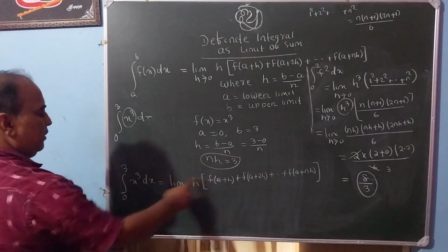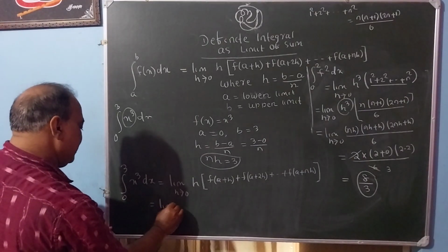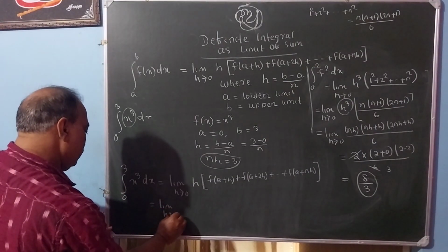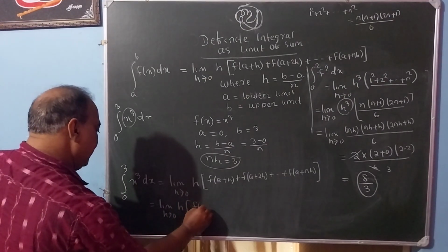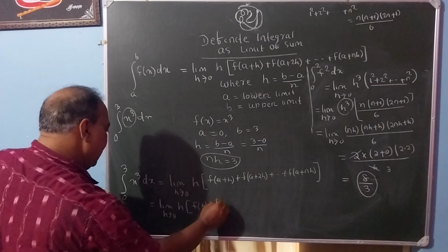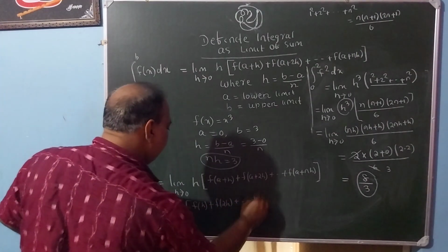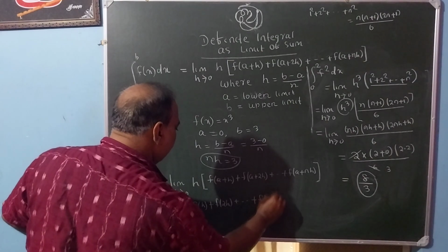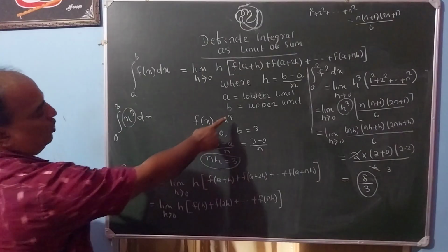Now in place of a we have to put 0, that is limit h tends to 0, h times f of h, f of 2h, dot dot dot, f of nh. f(x) is equal to x cube.